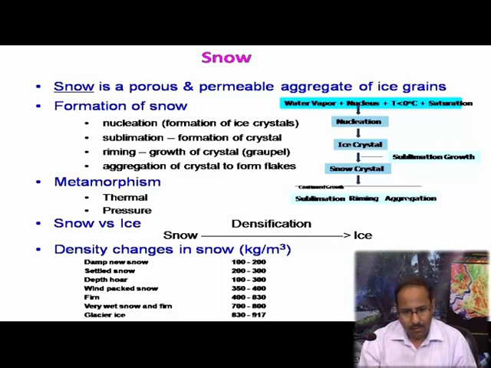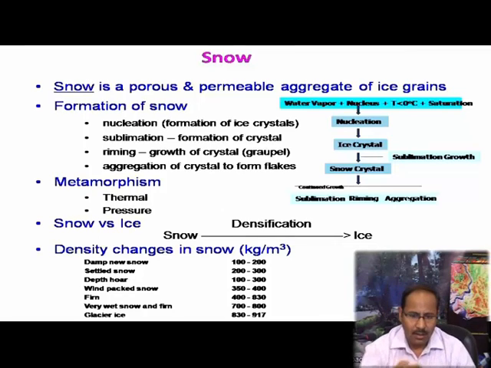So there are two types of metamorphism: thermal metamorphism and pressure metamorphism. Thermal is again divided into three classes. One is equitemperature metamorphism, another is temperature gradient metamorphism, and the third one is melt-freeze type of metamorphism. I am not going into detail on all these metamorphisms, but this is just in the snowpack.